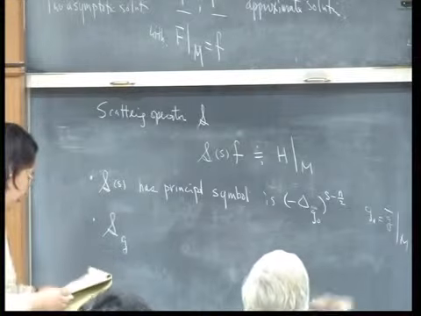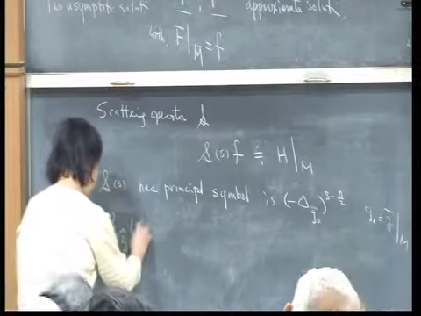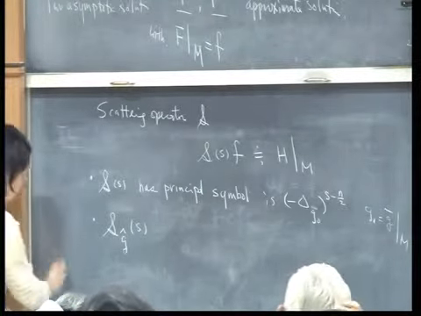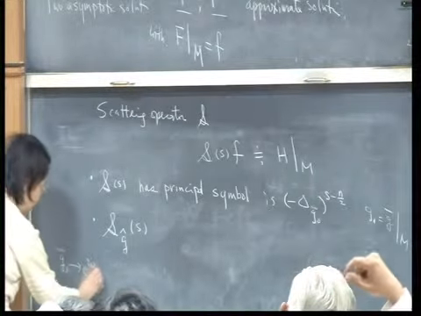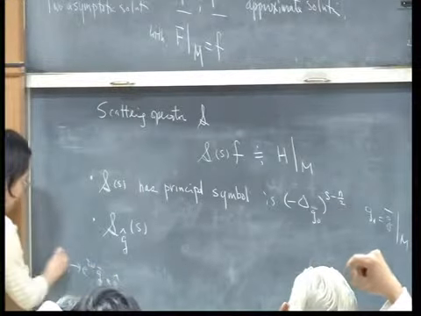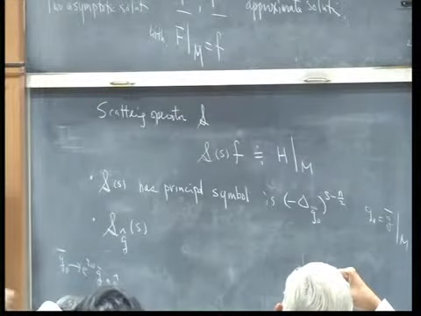If one looks at the conformal change G hat, given this G naught, G bar, you can change it to e to the w G, and that I call G hat. The G bar to this G hat. And G hat also can restrict to the boundary.